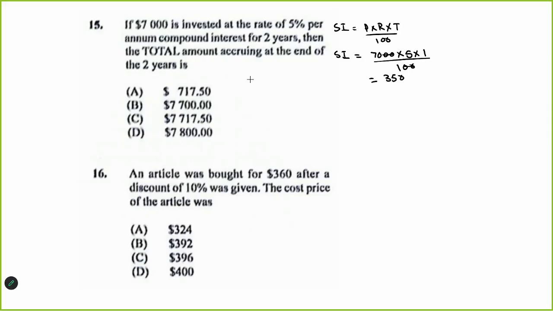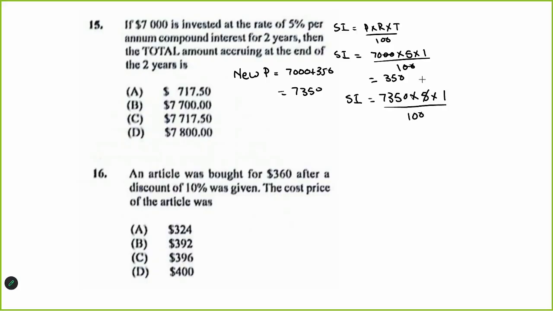So therefore the new principal would be 7,000 plus 350, which is 7,350. So your next simple interest, which will be at the end of your 2 years, is 7,350 times your rate, which is 5, times your last year, all over 100.